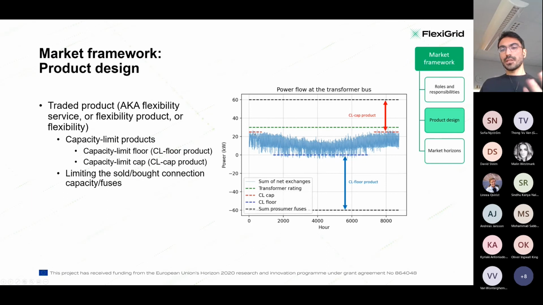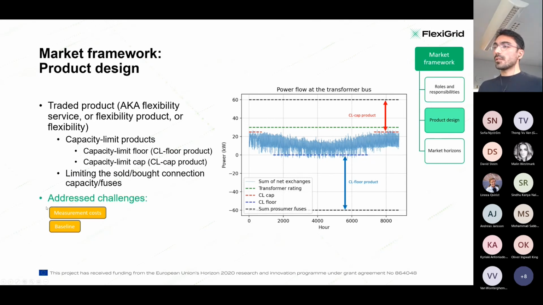Basically, by purchasing this service, the people who are selling the service have to keep their net load under this cap. I will show an example a bit later. And it's the same thing for the floor also. When you are requesting this floor product, capacity limit floor, then the net load should be kept above the floor. I hope it makes sense.